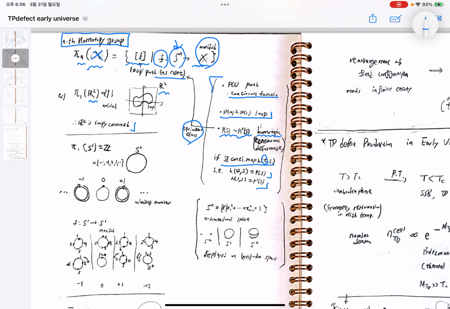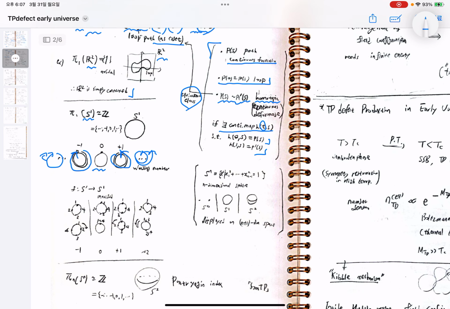But if we consider S^1 as a manifold, just a circle, then depending on the winding number, for example, one counterclockwise winding, two counterclockwise, one clockwise, two clockwise, or zero winding, such paths cannot be continuously deformed into each other. So several mappings are possible. So pi_1 means that the mappings come from S^1 to the manifold S^1 here, and this one goes to here.